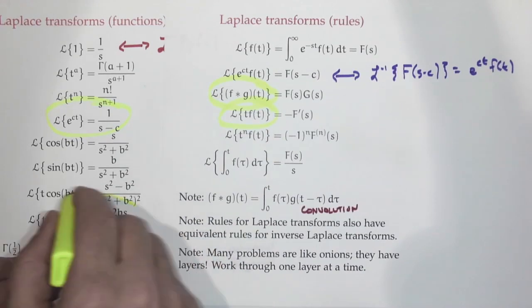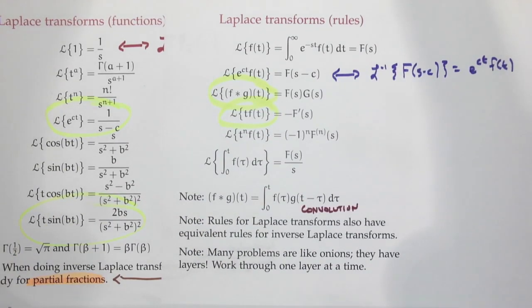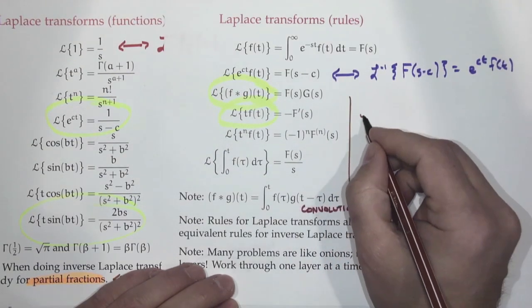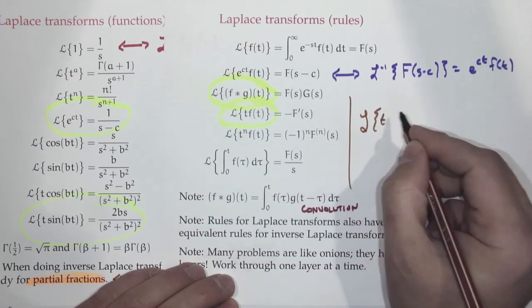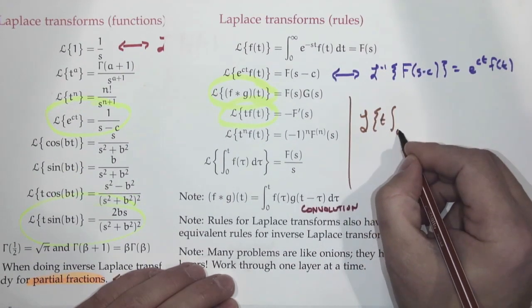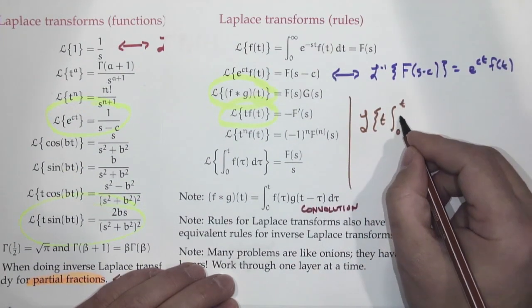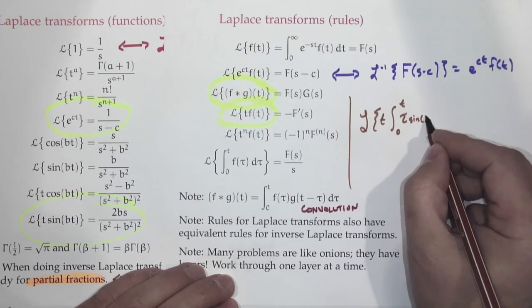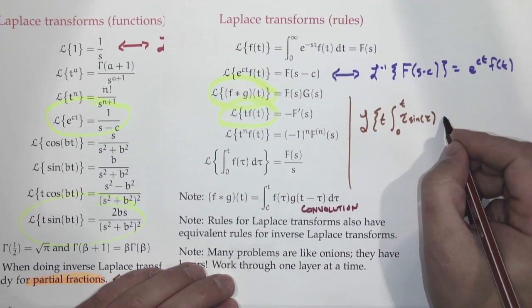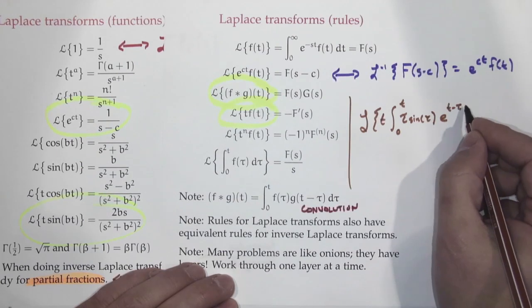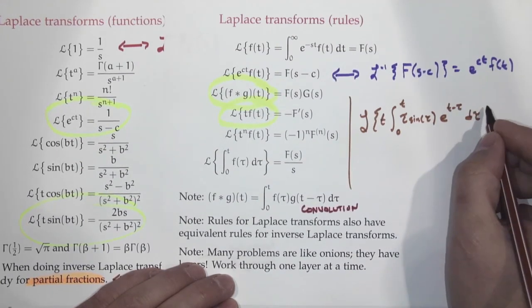Oh, someone is really going crazy. t sine t. So you could imagine, we can just combine all these together and ask something like, what's the Laplace of t times the integral from 0 to t of tau sine tau e to the t minus tau d tau?